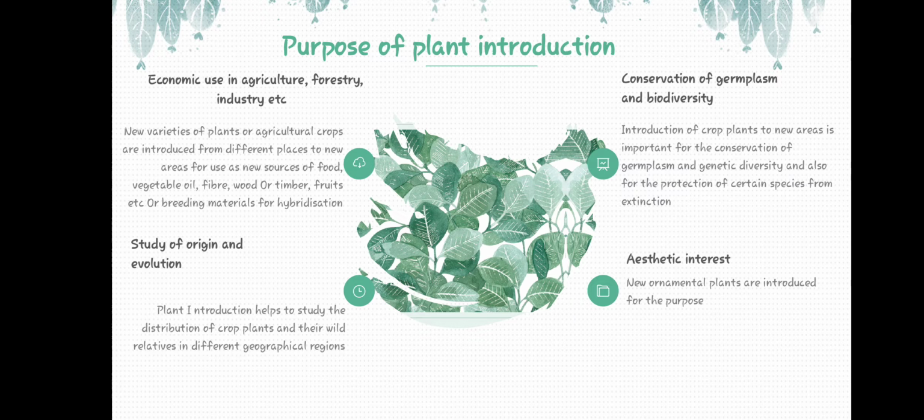First thing is economic use in agriculture, forestry and industries, etc. New varieties of plants or agricultural crops are introduced from different places to new areas for the use of new sources of food, vegetable oil, fiber, wood or timber, fruits or breeding materials for hybridization, etc. Okay, so we obtain these new varieties of plants for improving our food sources, vegetable oil sources, fiber sources, wood or timber, or fruit, or the existing breeding material can also be improved.